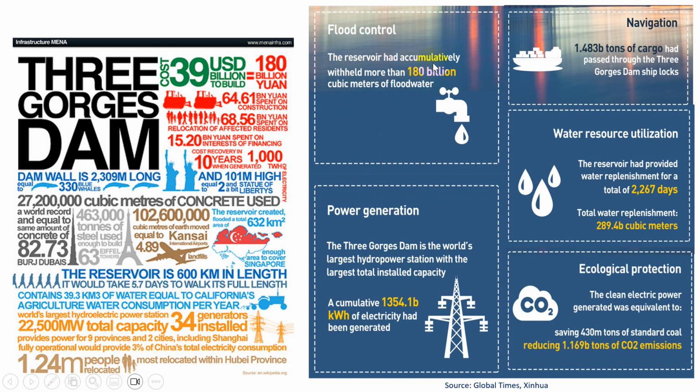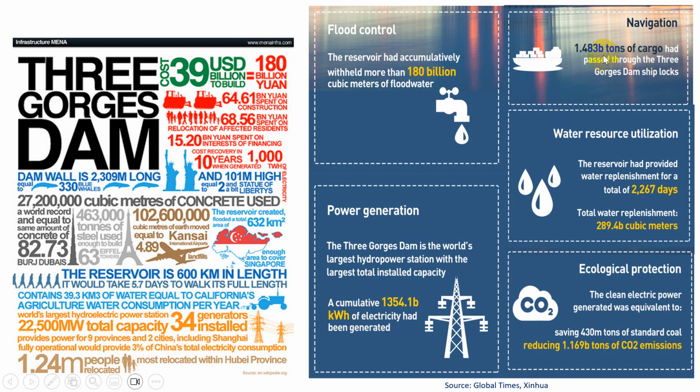The reservoir has accumulatively withheld more than 180 billion cubic meters of flood water. For power generation, the Three Gorges Dam is the world's largest hydropower station with the largest total installed capacity, with a cumulative around 1,354.1 billion kilowatt hours of electricity generated.